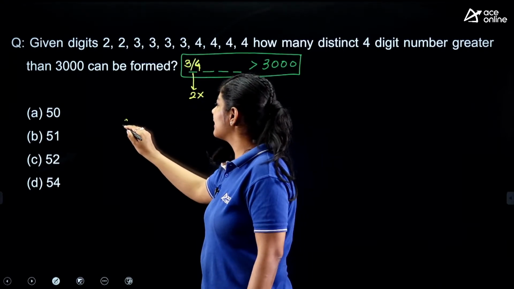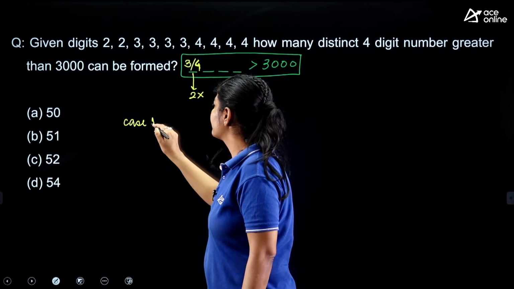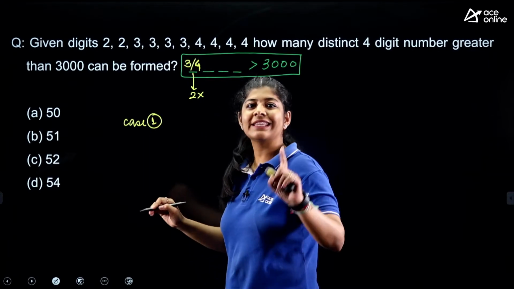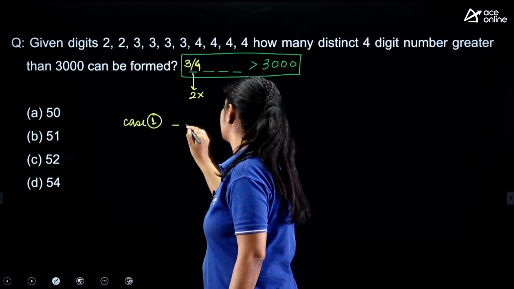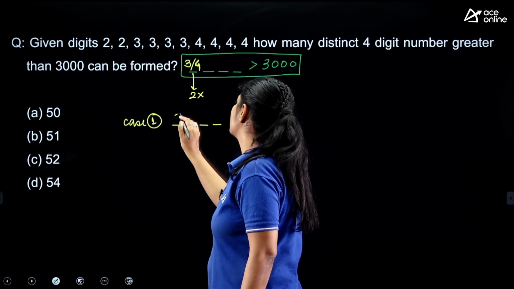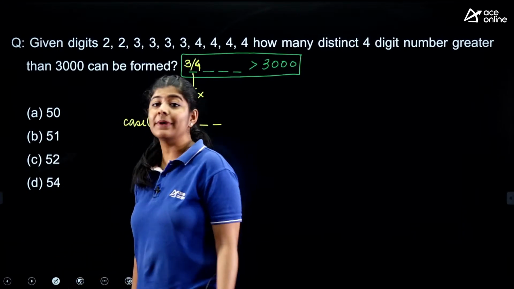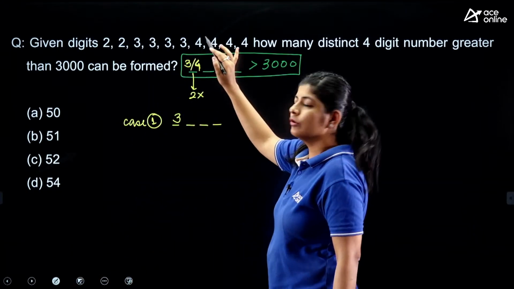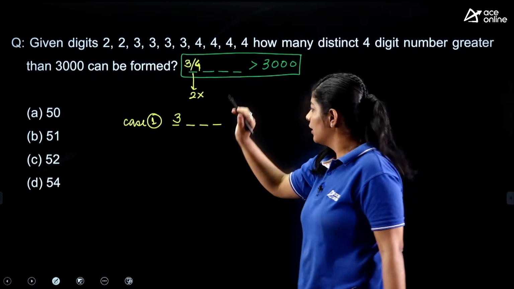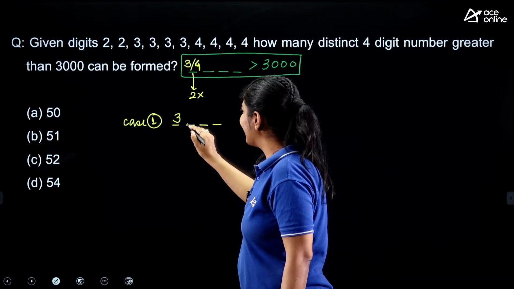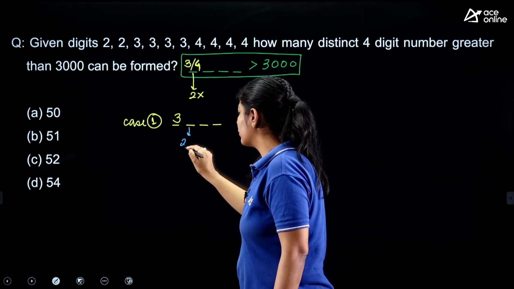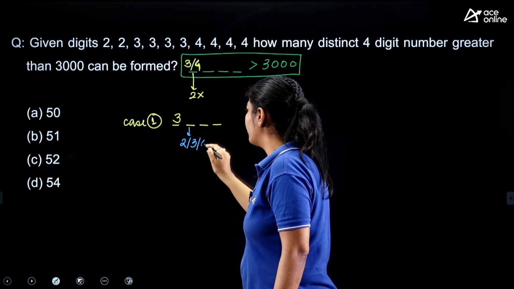So I'm considering my case number 1, where I am putting 3 at my 1000th place. So now how many distinct digits are we having? 2, 3 and 4, right? So over here I can put either 2, 3 or 4.